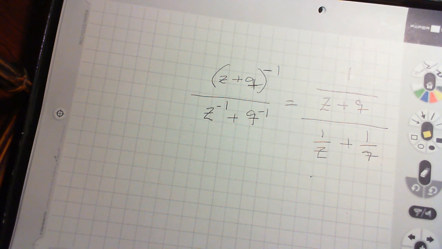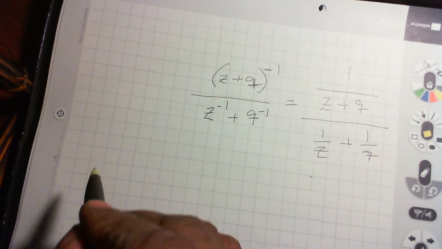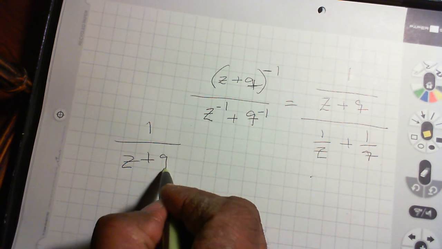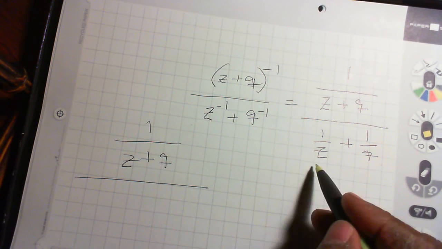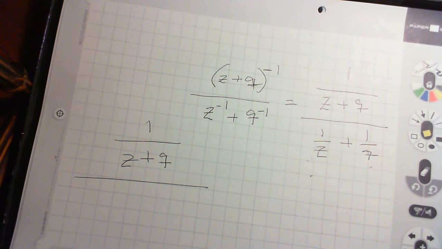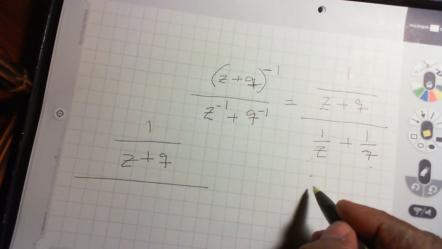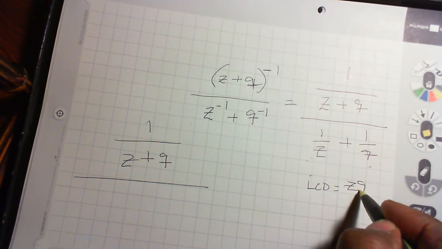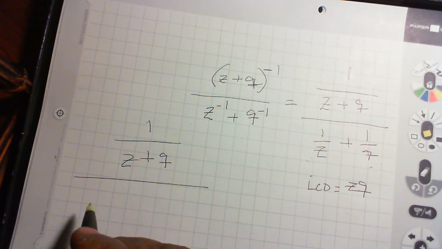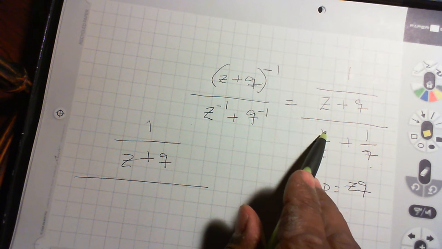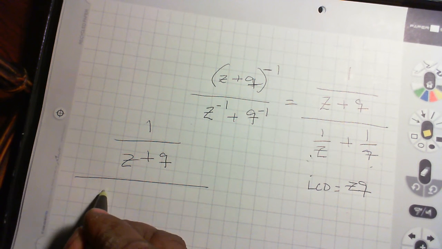So what we can do is combine the bottom, have one fraction if you want to. So we have 1 over z plus q, right? Remember, the least common denominator at the bottom here is z times q, right? So you need to multiply the top by q as well.